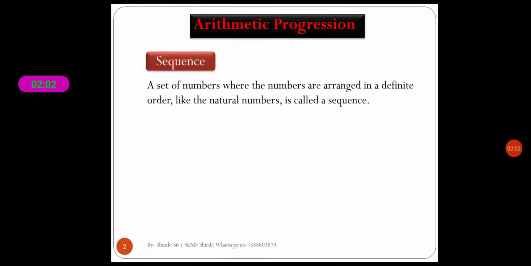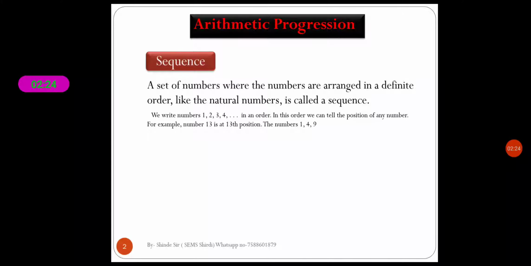That's why it is a set of numbers arranged in a definite order. We write the numbers 1, 2, 3, 4 in order. In this order we can tell the position of any number. For example, number 13 is at the 13th position.